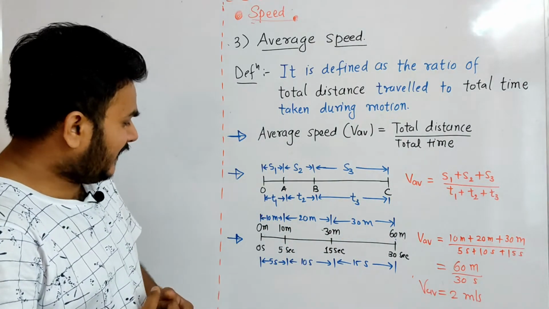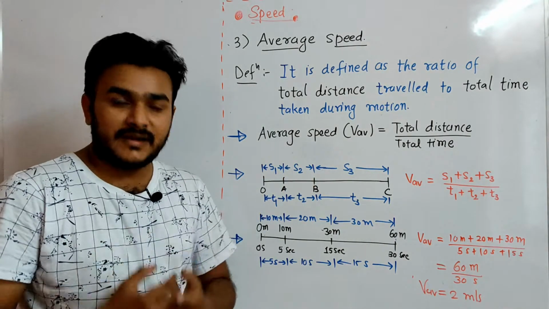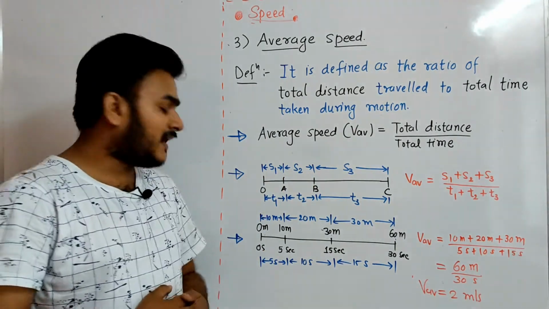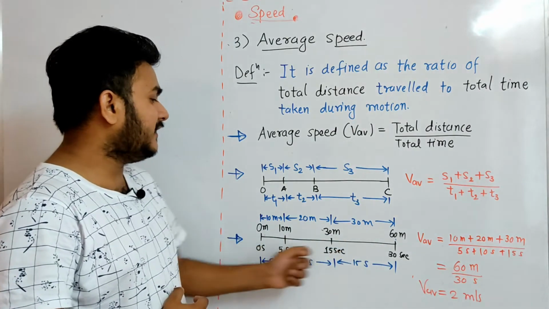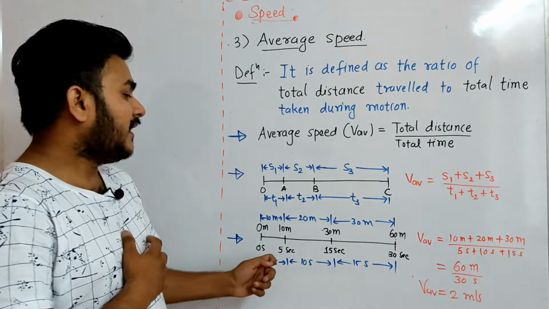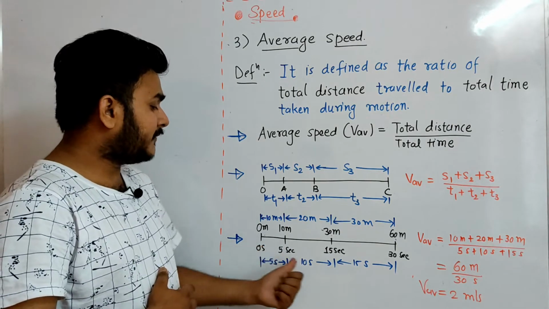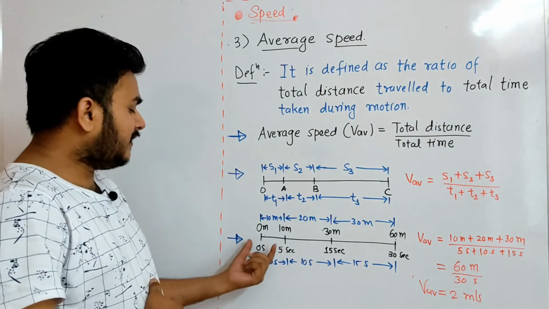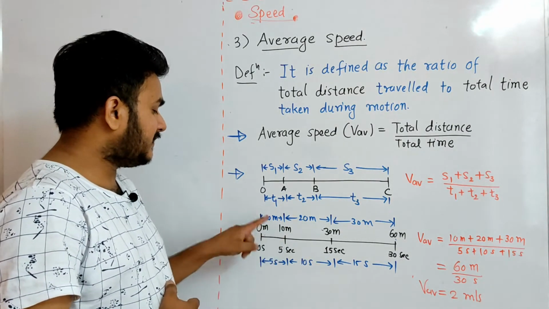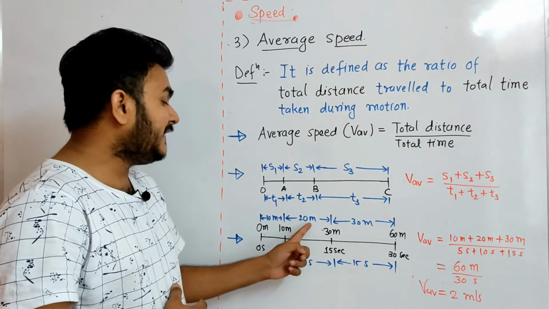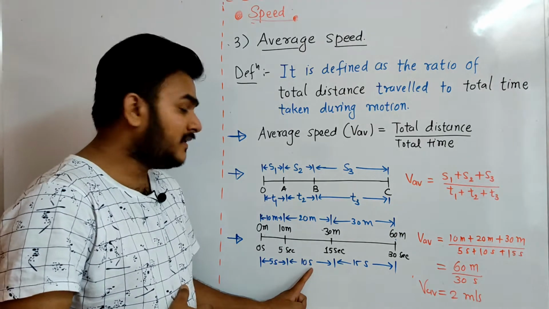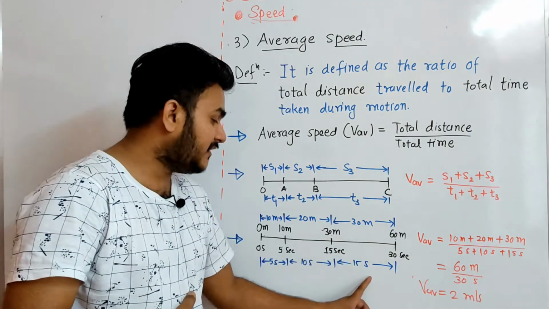So here let us understand the same thing with one actual example. Consider that a car is traveling from this point to this point and it is covering 60 meter distance at different times. Here the first 10 meter distance is traveled in 5 seconds, the next 20 meter distance is traveled in 10 seconds and the next 30 meter distance is traveled in 15 seconds.